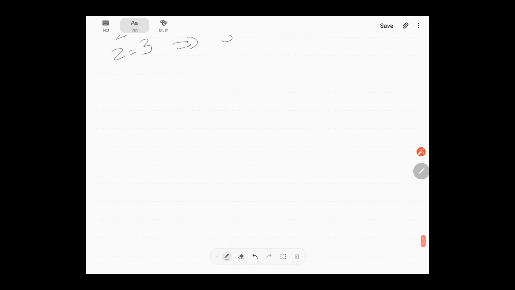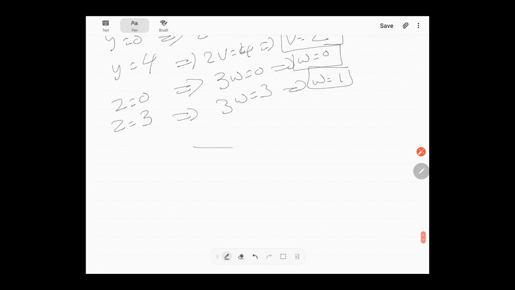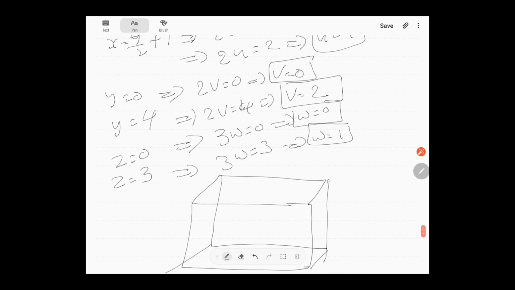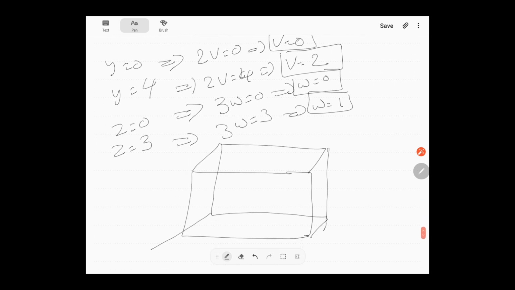Therefore, the region of integration now in uvw space: u is equal to 0 and u is equal to 1, because this is the u axis, this is the v axis, and this is the w axis.